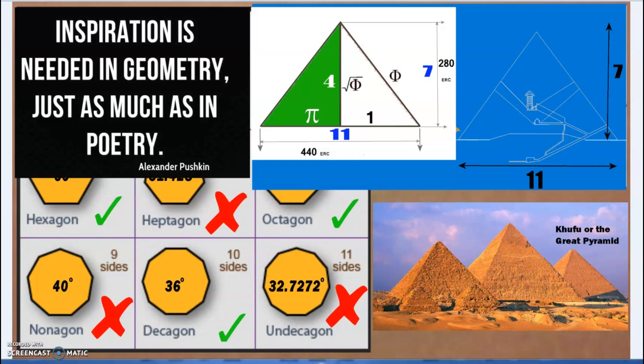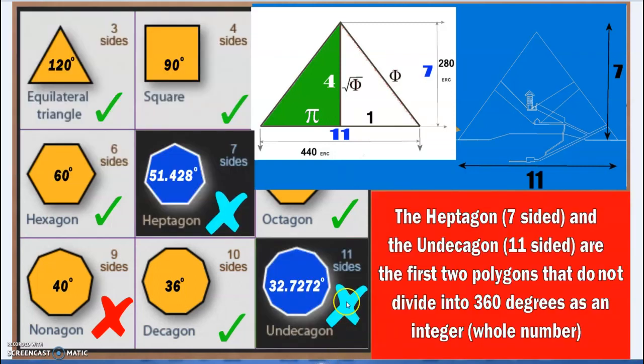But the 7:11 proportion of the Great Pyramid, well, it's interesting to note that the first of those polygons which cannot be constructed with compass and straight edge, for instance the heptagon or the 7-sided polygon and the 11-sided undecagon, the central angle is not a whole number, it's not an integer.